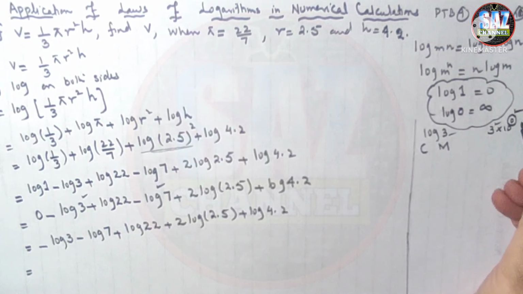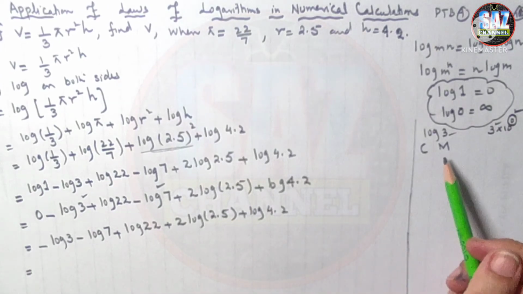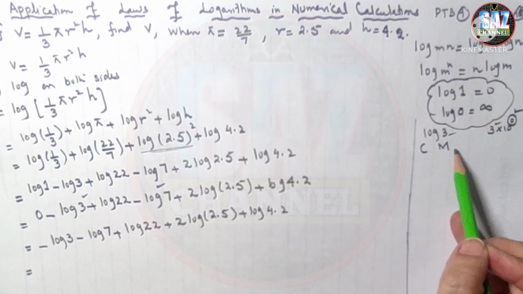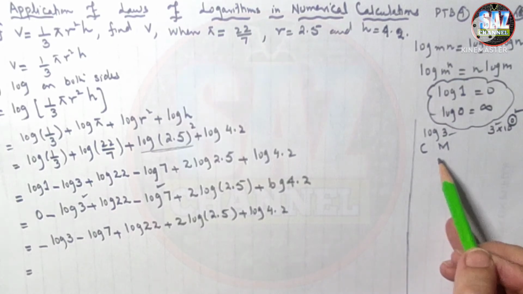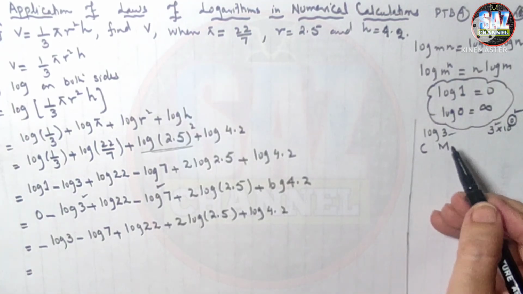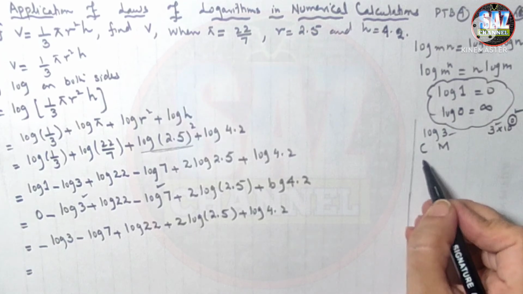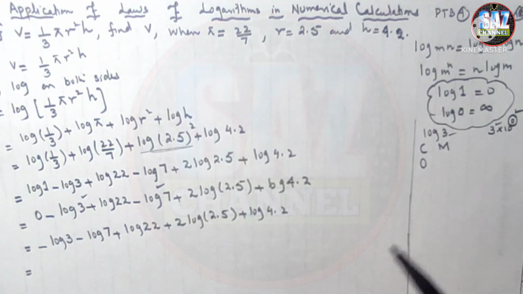The index of 10 will tell us the characteristic, or otherwise you can recall the rule for the characteristic of numbers greater than 1. The characteristic of the logarithm of a number greater than 1 is always 1 less than the number of digits in the integral part of that number. As this number has a single digit, when I take away 1 from that, the characteristic will be 0, and for the mantissa we have to write the number nearest to 4 significant figures.